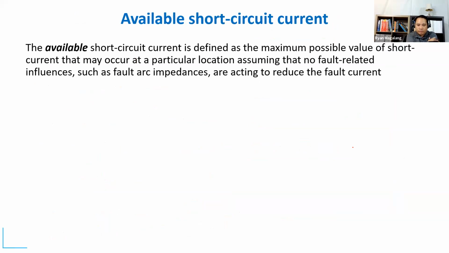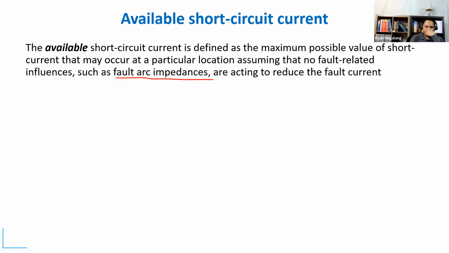So some terminologies here. What is an available short circuit current? The IEEE defined it as the maximum possible value of short circuit current that may occur at a particular location, assuming that no fault related influences such as arc impedances are acting to reduce the fault current. Yeah, this arc impedances, they are generally very high and they're very difficult to calculate.